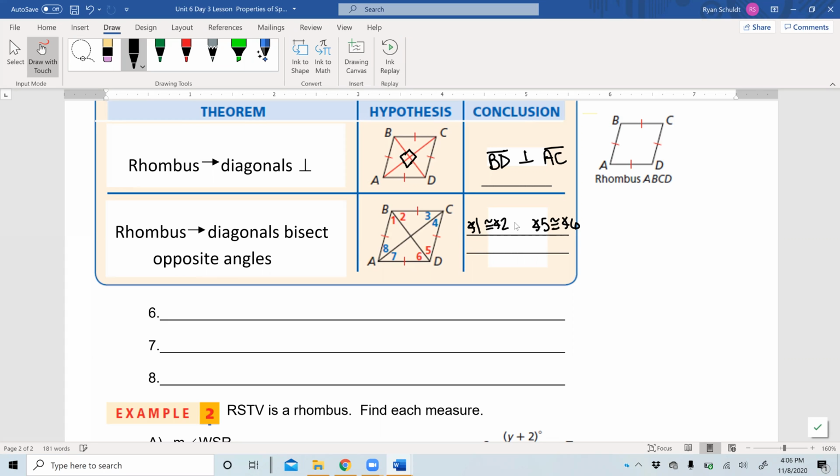But then 1 and 2 are also congruent to 5 and 6. So 1, 2, 5, and 6 are all congruent to each other. Same thing with angle 3 being congruent to angle 4, which is congruent to angle 7, which is congruent to angle 8. They're all congruent to each other.